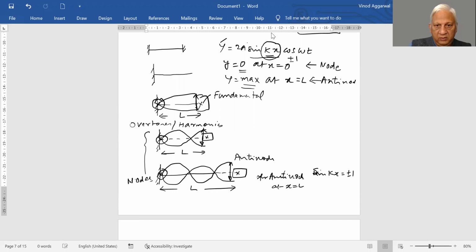We know that we have an antinode at x is equal to L.